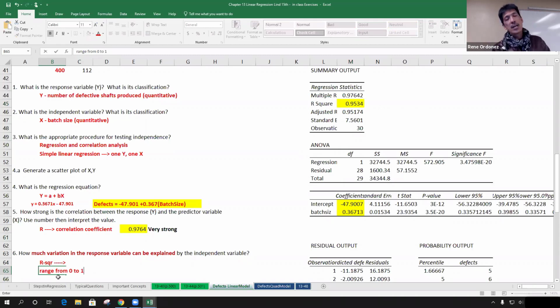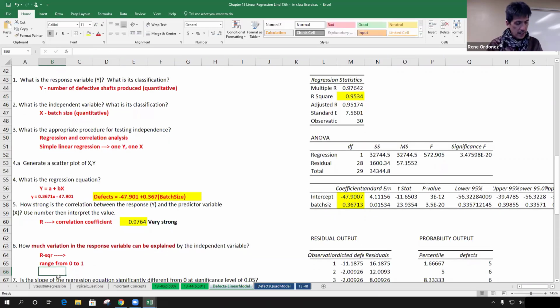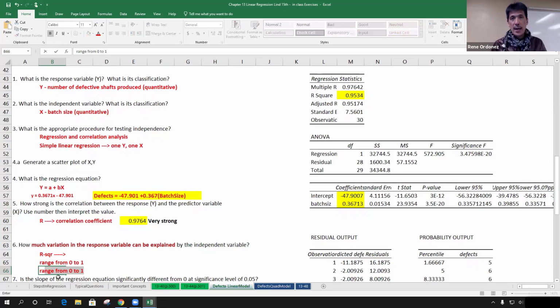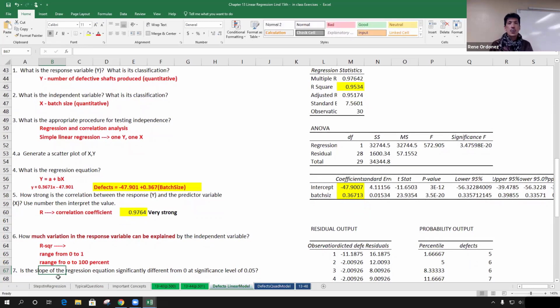If the application you're using expresses the R squared as a proportion, or if it's expressed as a percent, it will range from 0 to 100%. Either way, the R squared value is a measure of the percent of variation or the ratio of variation in the response variable that can be explained by the predictor variable.